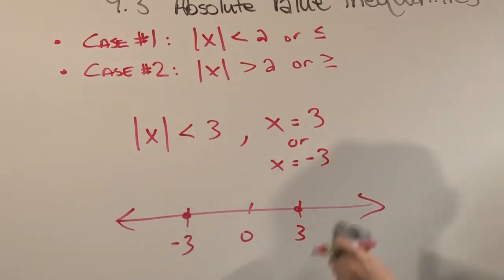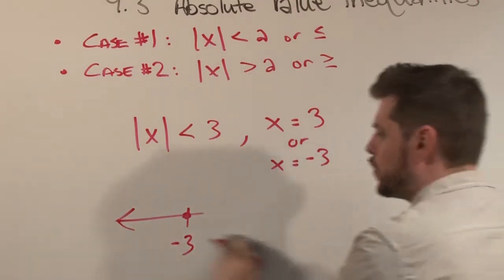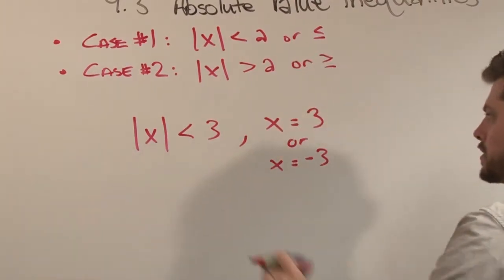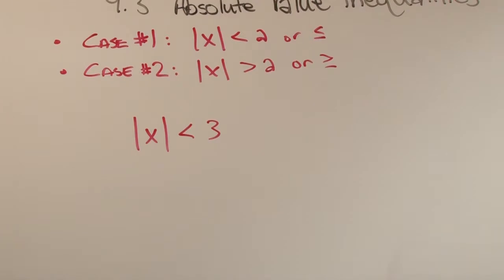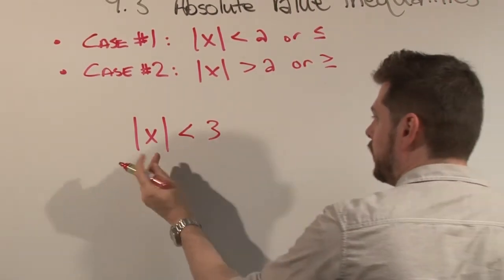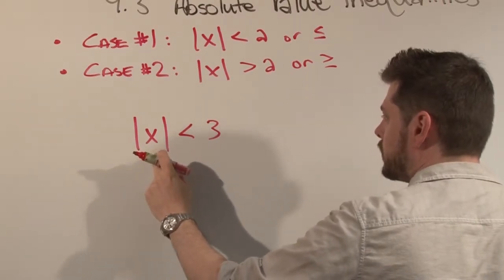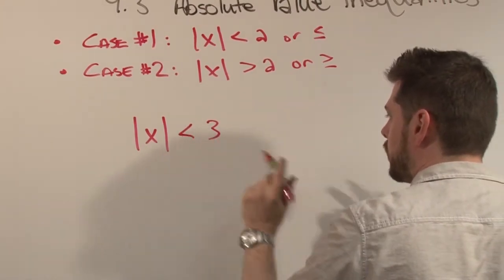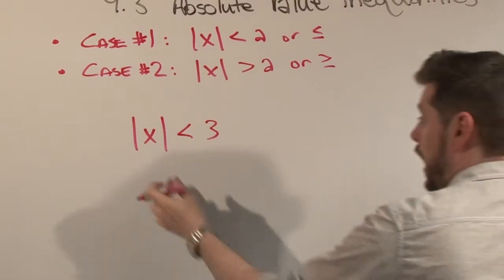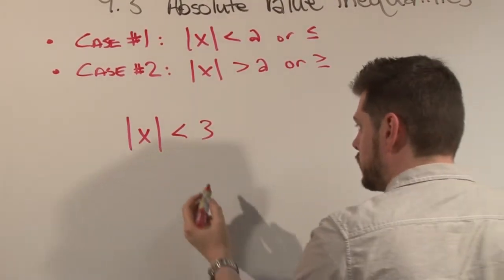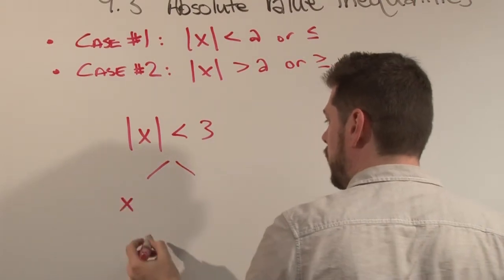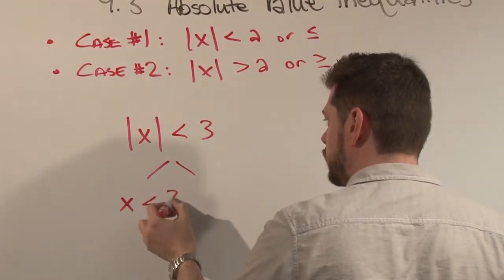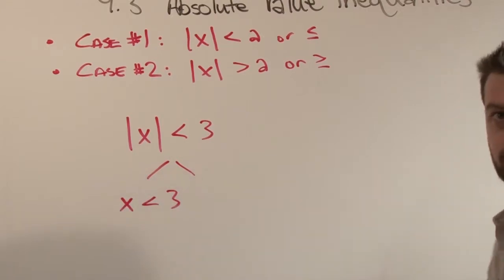These solutions are going to be more than one value because we're saying we want numbers that are not exactly equal to, but less than. So let's see how we can rewrite this. We want to find values for x that are less than 3. Or I should say absolute values that are less than 3. So numbers that are less than 3 certainly work, don't they?